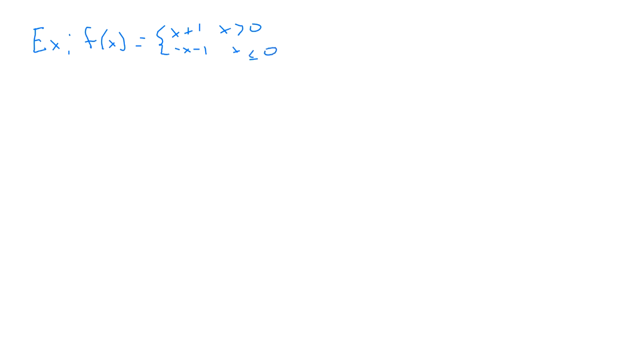Well, we want to find the right-handed limit as x approaches 0 from the positive side of our f of x. So if we're going from the positive, we know it's going to be the top one, so x plus 1. And we can guess that that is going to equal 1.